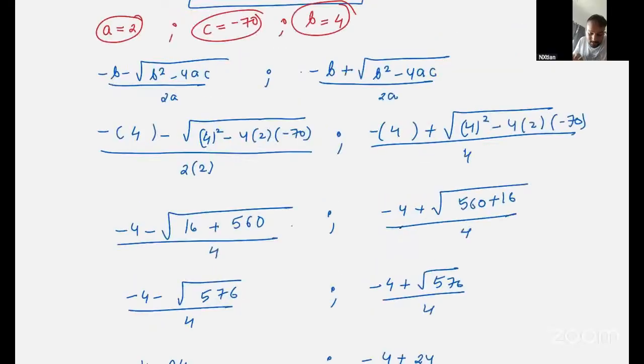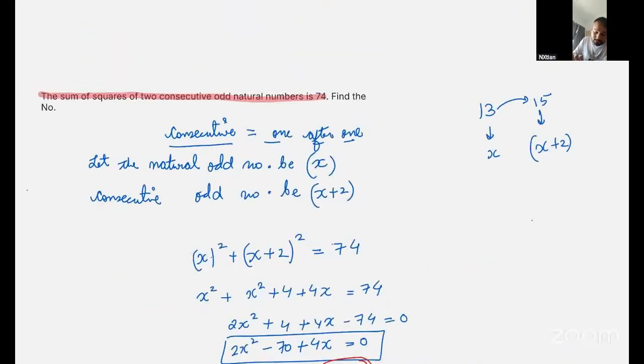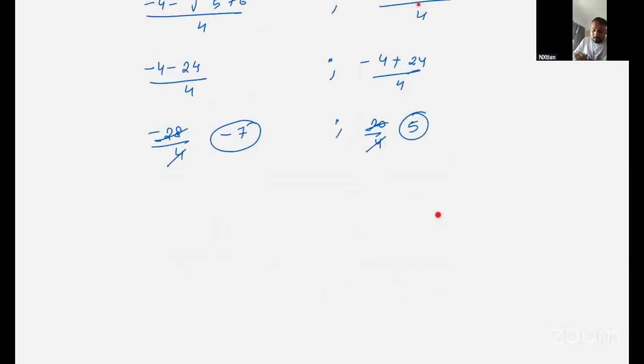Now everyone please pay attention. What is in the question? The question says consecutive odd natural numbers. Natural number is mentioned. So minus 7 is not a natural number. What is a natural number? 5 is a natural number. So you have to write this statement: minus 7 is not a natural number.